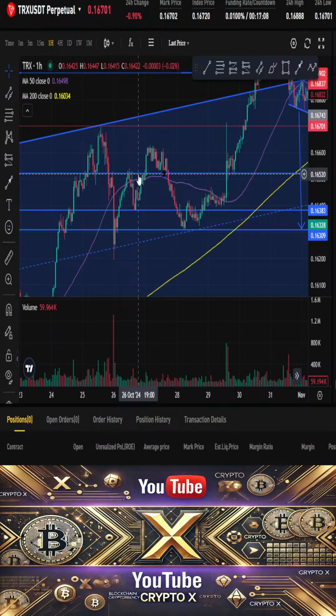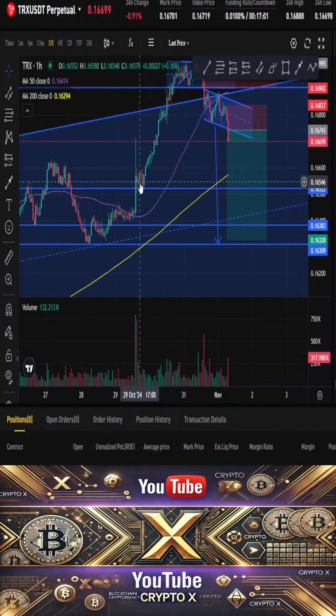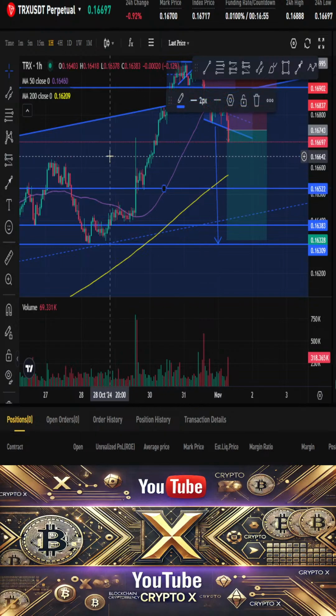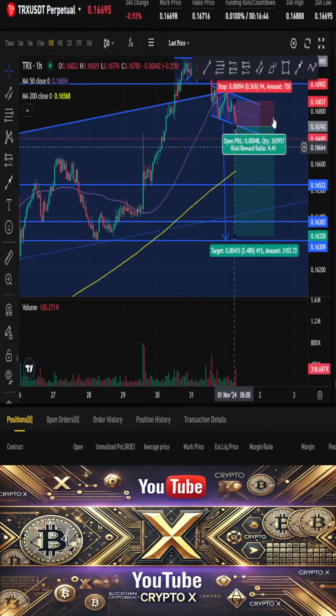This point is a little bit important for us, as while going upside it takes support here. That line acts as a support line as well as a resistance line. So we have to select our first target there.